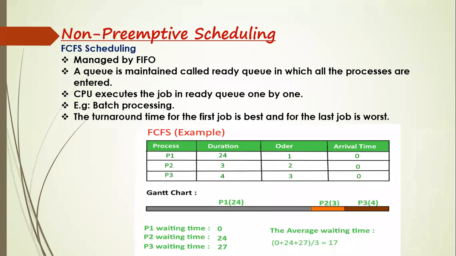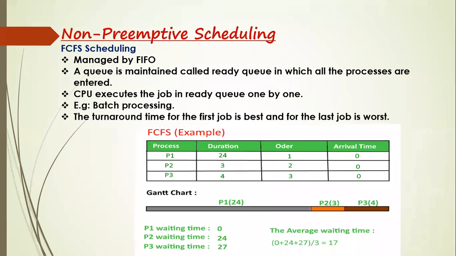So here the waiting time is very high. The waiting time for P1 is 0 because the processor has started the execution with P1. Then for P2, waiting time is 24 because after 24 it starts the execution of P2. And P3 waiting time is 27. So this is the waiting time.